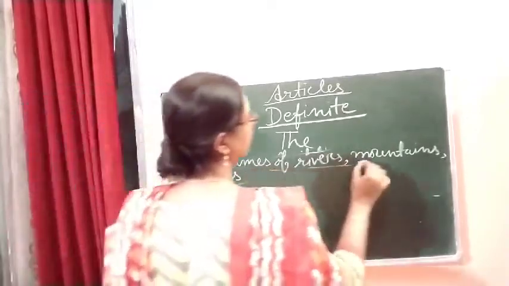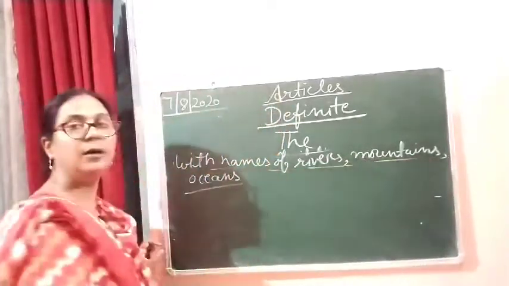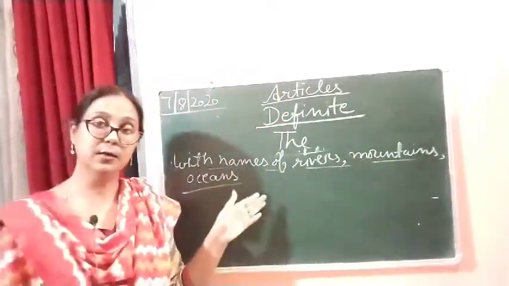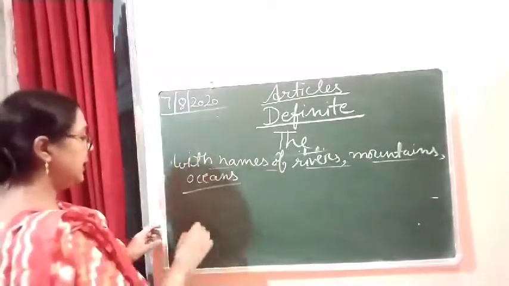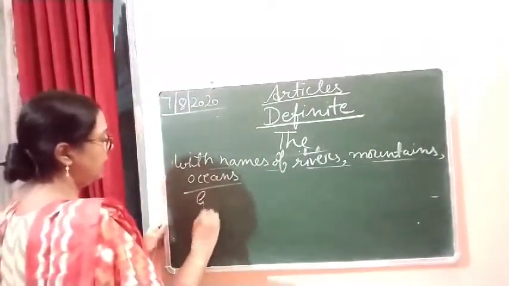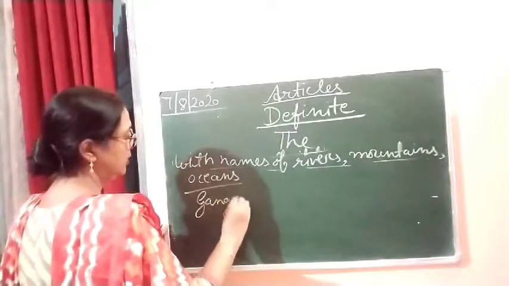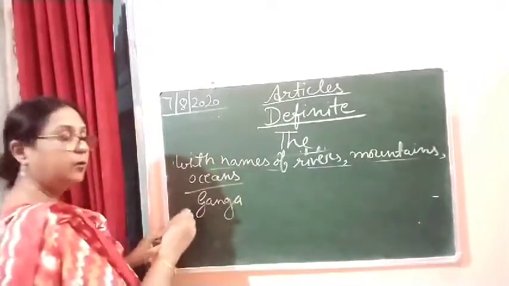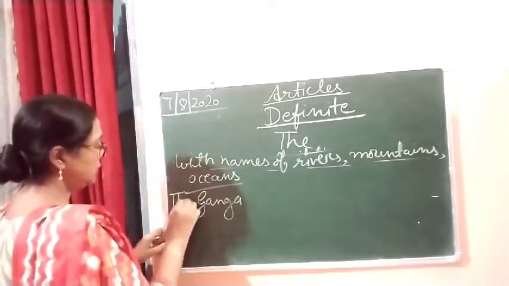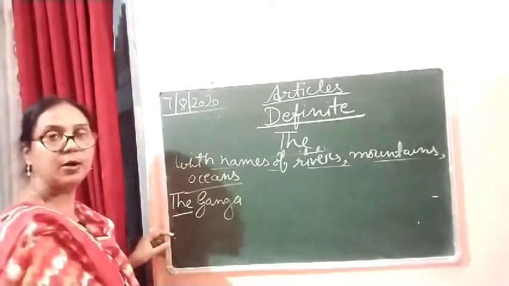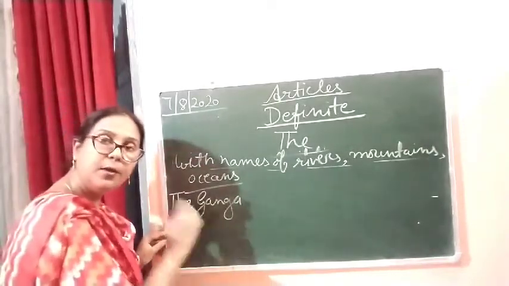Before these names, we use the. If we are writing the river's name, Ganga, before Ganga we should use the, because this is the name of a famous river.